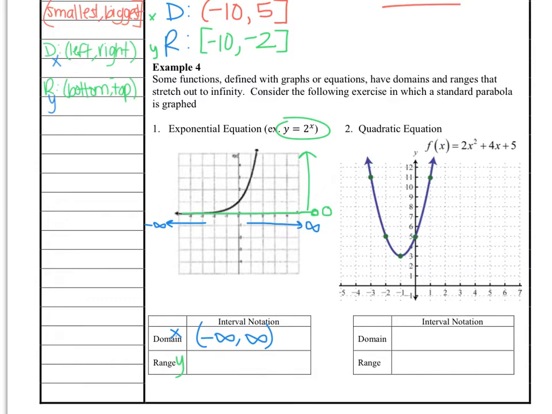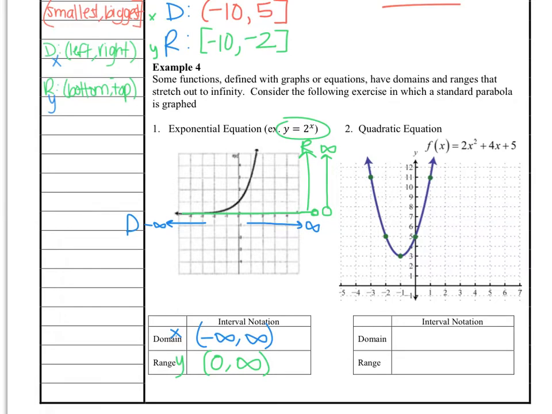Okay, so this is 0 up to, well, it's going to reach forever and ever, infinity. So we've got 0, comma, infinity. Infinity, I know, uses parentheses. This never actually hits the graph at 0, so it's not inclusive, meaning it's a parenthesis. Okay, so this was our range, and this was our domain.